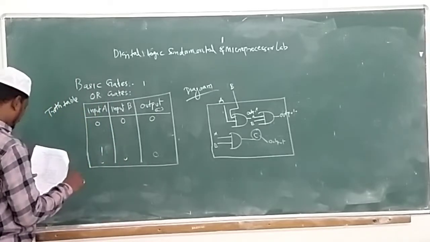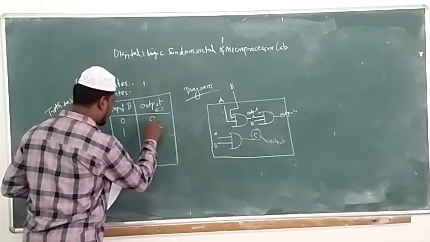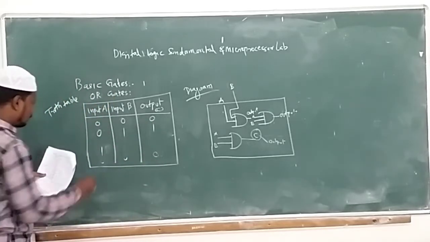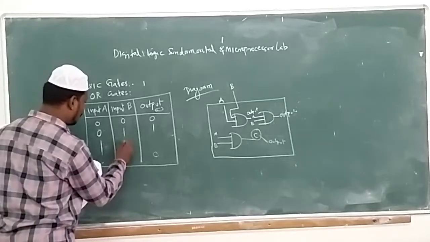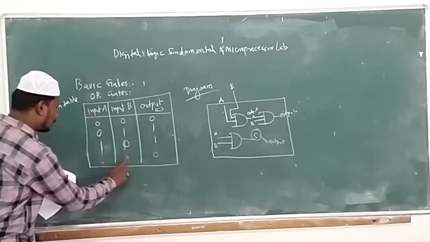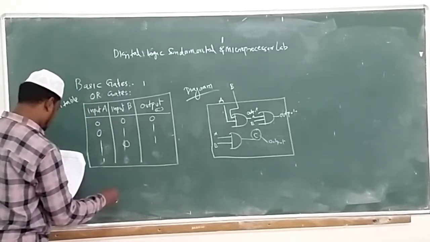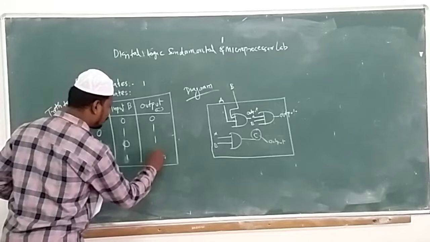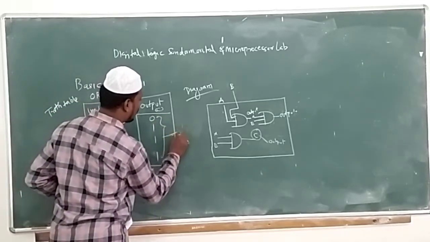Again, the input values 0, 1 give 1. Again, 1, 0 gives 1. Next, the last one, 1, 1, again gives 1. So, this is the use of the OR gate.